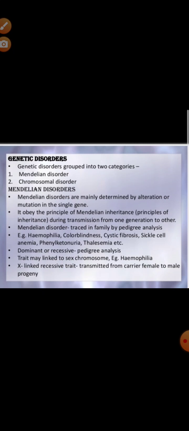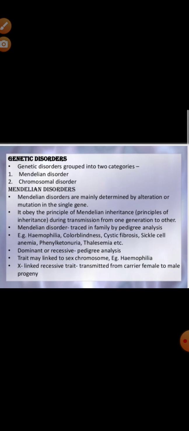Now, you have to know what is the Mendelian disorder. Why is Mendelian disorder caused? It is caused basically due to alteration or mutation in a single gene. And these Mendelian disorders follow Mendel's principles of inheritance.